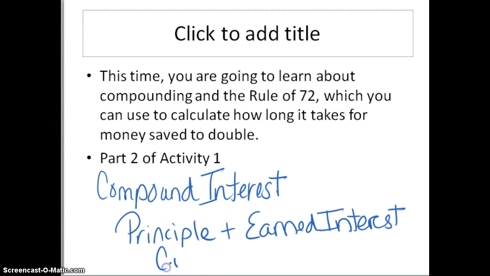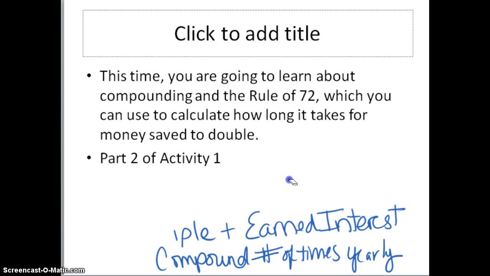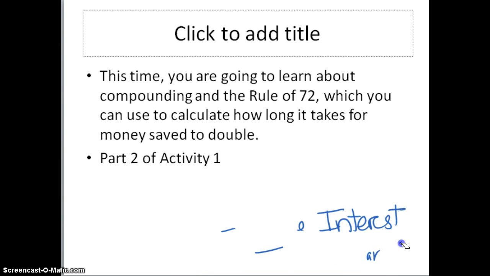And it will compound multiple times throughout the year. This is more beneficial than simple interest because it will earn you more money.